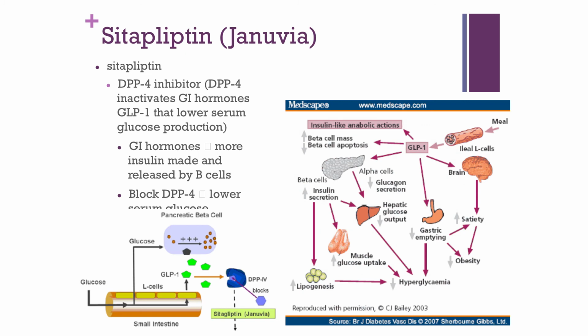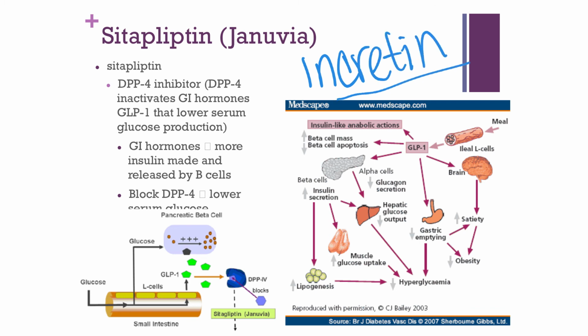All right, the final class of medications I will cover today are just our incretin analogs. So incretins are hormones that control the release of insulin, and two examples of those hormones are GLP and GIP. So these are also secretologs, meaning that they drive secretion of something.